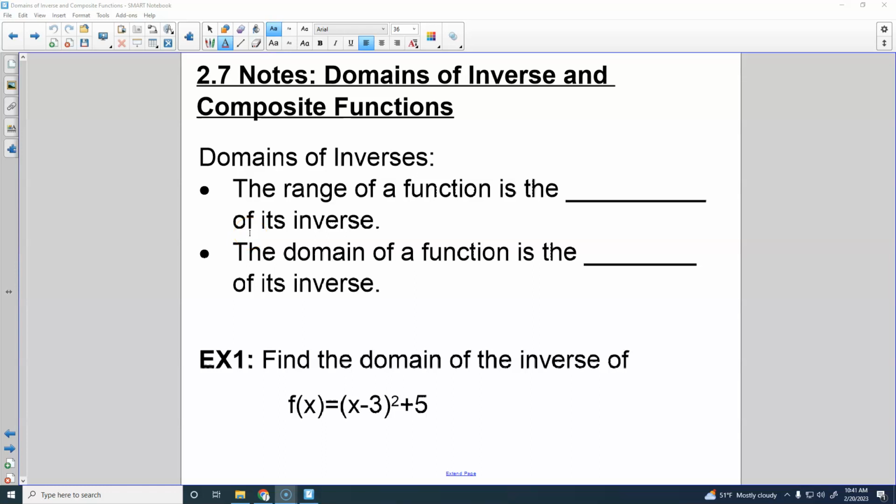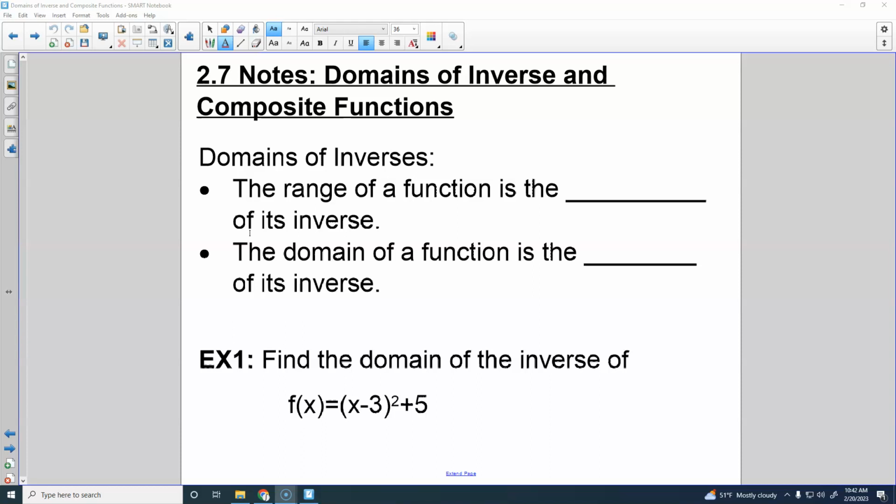Right, so we're going to start with inverses, and then we'll go back to composite functions, because inverses are not terribly, terribly bad. If you think about what you do to find an inverse, the first thing we do is switch our x and y's.